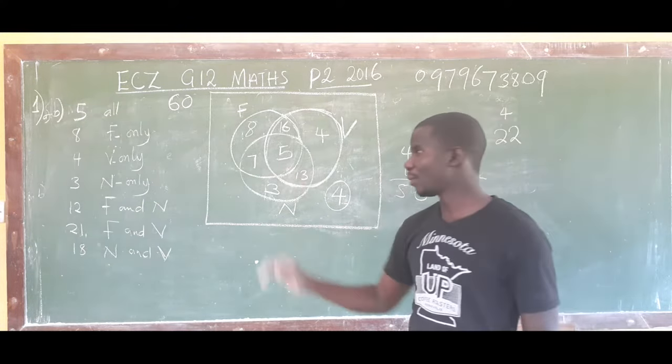Now for the formula that I want us to use, which is easier, it is the volume of a frustum, because what we have remained with here is a frustum. So I'm going to say this is over R squared plus R squared plus R multiplied by R. This is the radius of the bigger circle, and this is the radius of the smaller circle, and then the height is this one here.